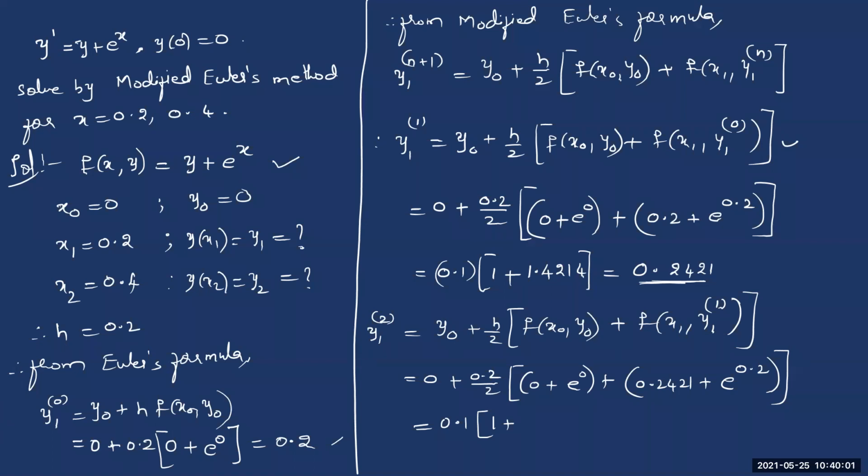This plus 1, into 0.1. Let's see, I got it as 1.4635, and after simplifying this, it is 0.2463.